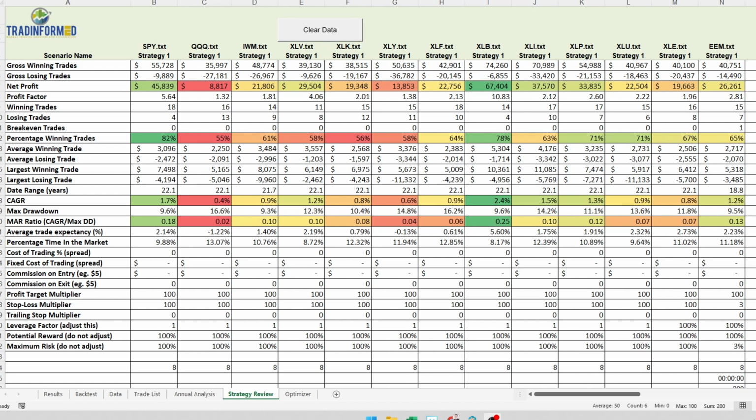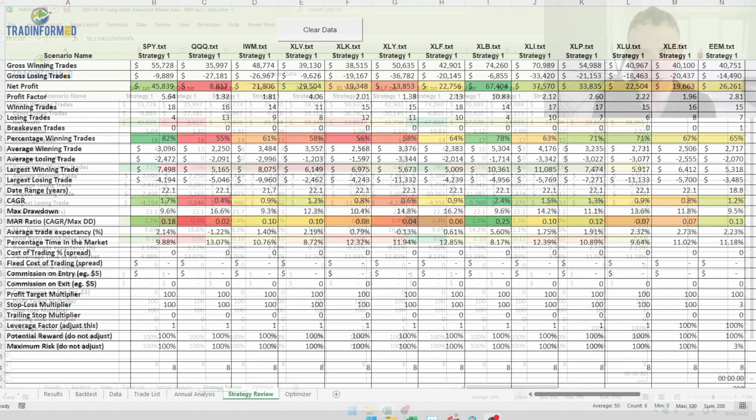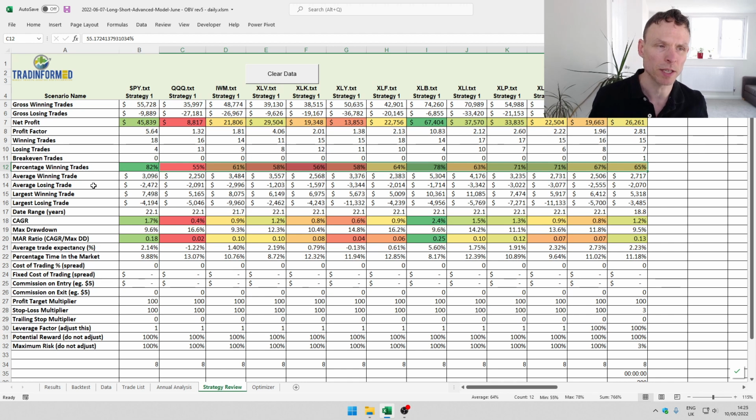I've got a range here of the S&P 500 sectors plus emerging markets at the end. Pretty solid. And I'm just going to run my cursor over here, and that gives us a simple mean average. It's a very rough way of looking at the overall profitability of each of these markets, a simple moving average of the percentage number of winning trades, and it's 64%.